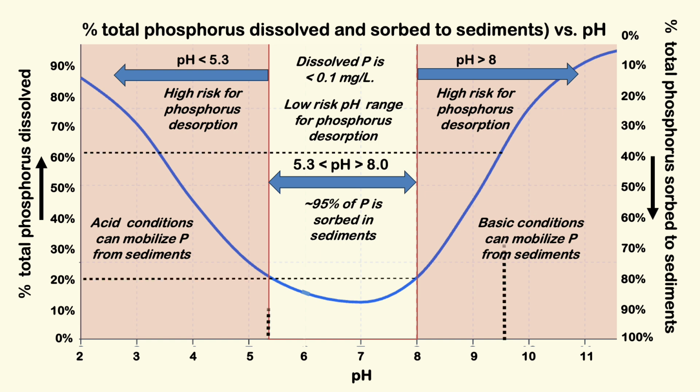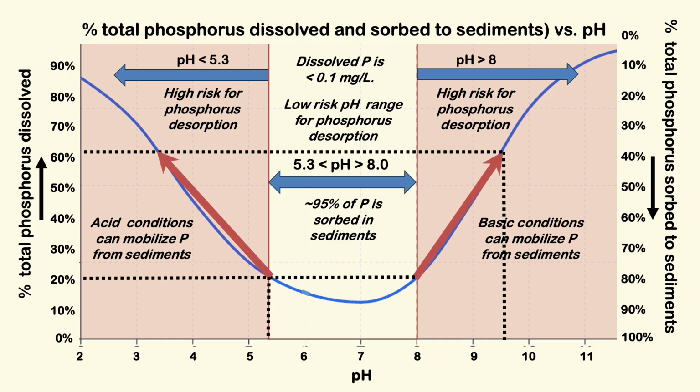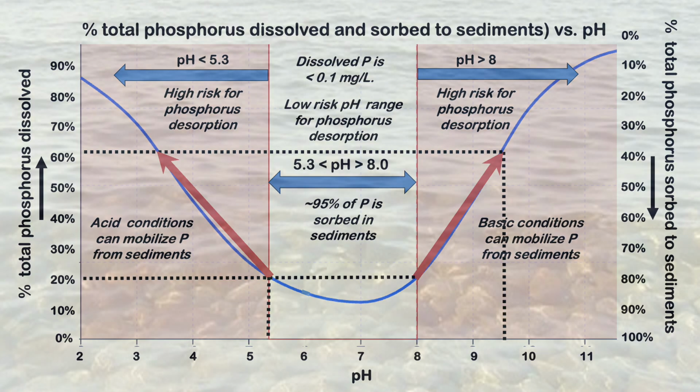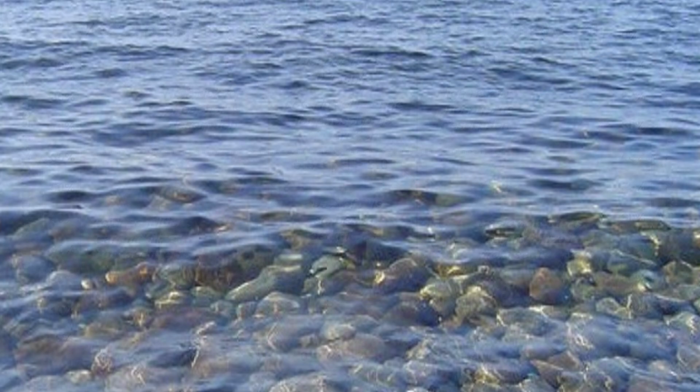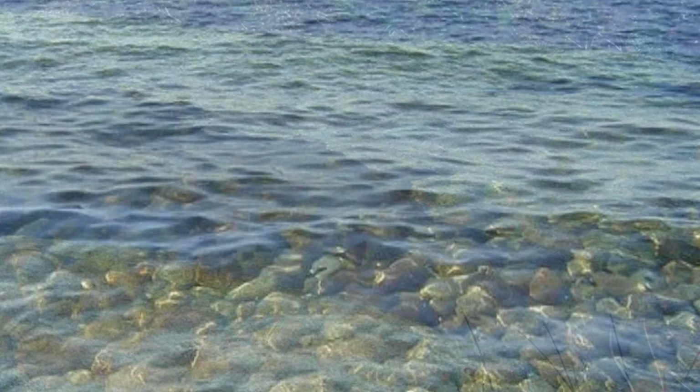Note how a small change in pH, either plus or minus, can increase the percent of phosphorus that is dissolved from around 20% to over 60%. With phosphorus, any small change in pH out of the 5.3 to 8 range can make a beautiful clear water eutrophic.